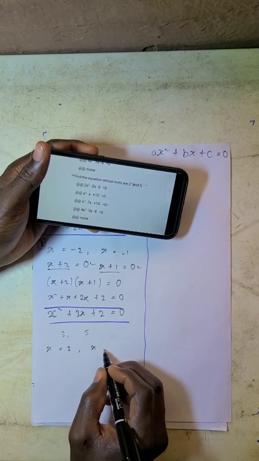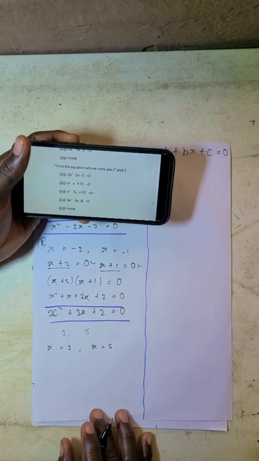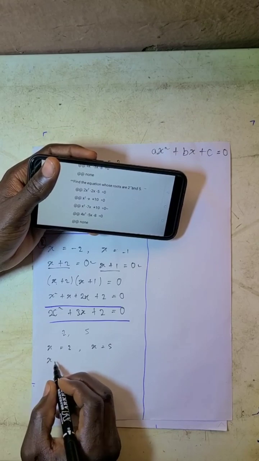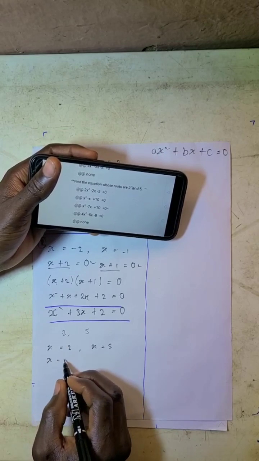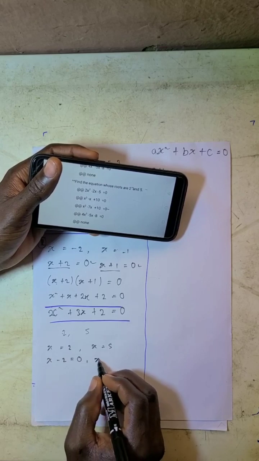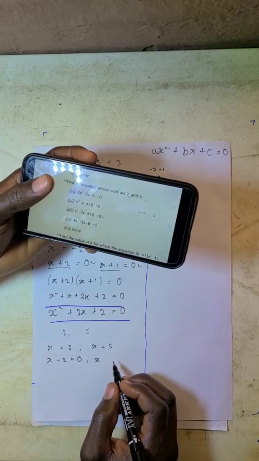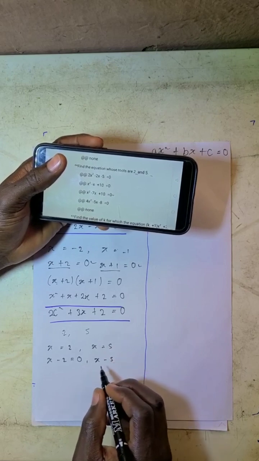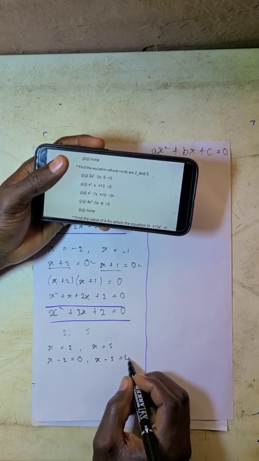And then that same x is equal to 5. You understand? Now, the next thing is to bring this to this other side. Our x, if this is coming here, it becomes minus 2 is equal to 0. Then comma x, if this is coming here, minus 5 is equal to 0.